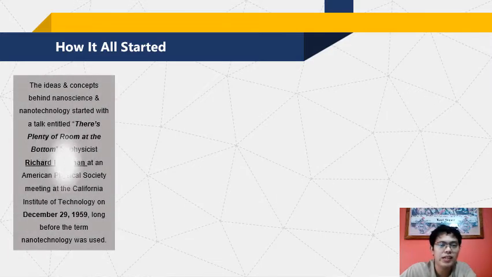It started when the ideas and concepts behind nanoscience and nanotechnology were talked about by an American physicist named Richard Feynman in his talk entitled "There's Plenty of Room at the Bottom" at an American Physical Society meeting at the California Institute of Technology on December 29, 1959.